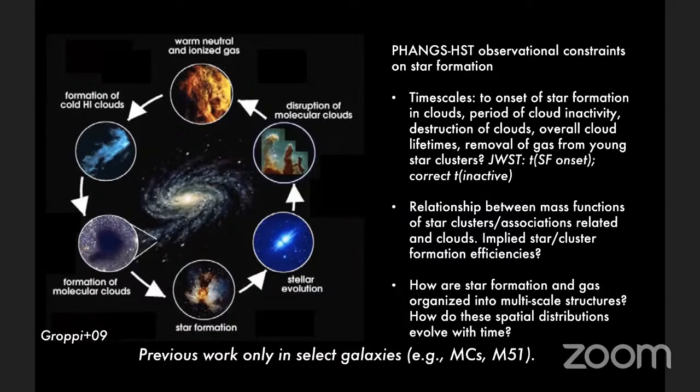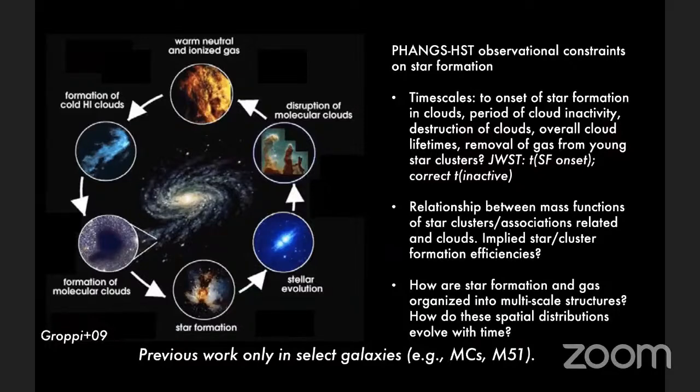It'll allow us to ask what the implied star formation efficiencies or cluster formation efficiencies are when we compare the mass functions. And finally, we can characterize how star formation and gas are organized into multi-scale structures and how those spatial distributions evolve with time.